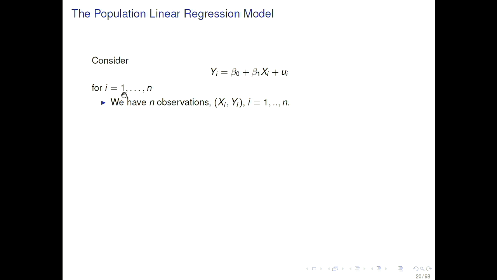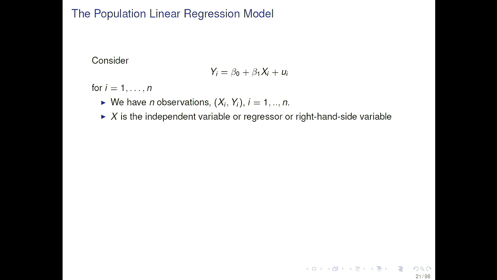And i goes from 1 to n, which indicates that the sample size is little n. And we have a random sample of 2 random variables, x and y, across all the observations in the sample.